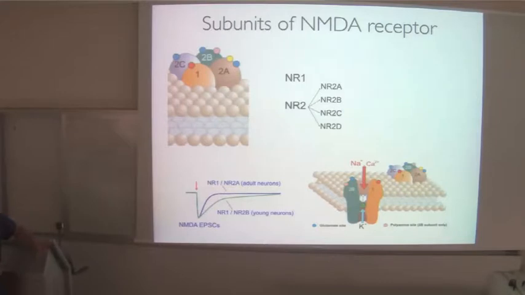There is a period where the NMDA receptor on the postsynaptic side is switched from NR2B to NR2A, but on the presynaptic side it is not. Then you can have selective drugs that will block the postsynaptic and not the presynaptic, all kinds of tricks like that.